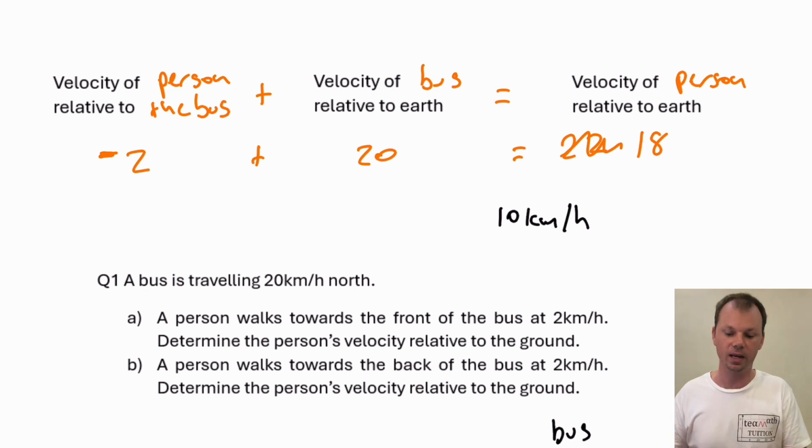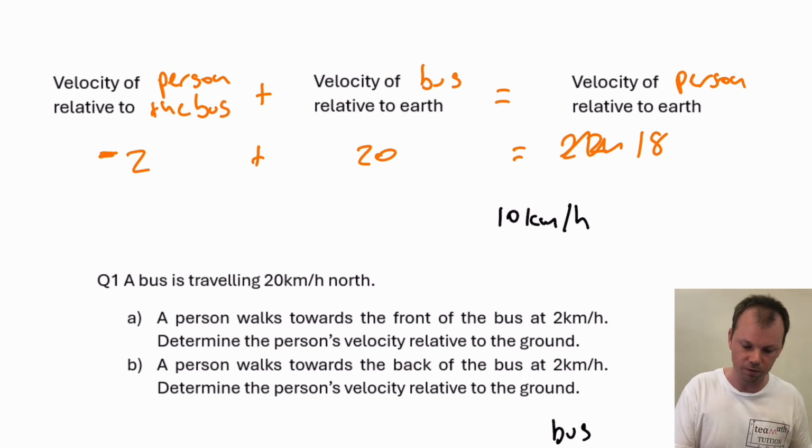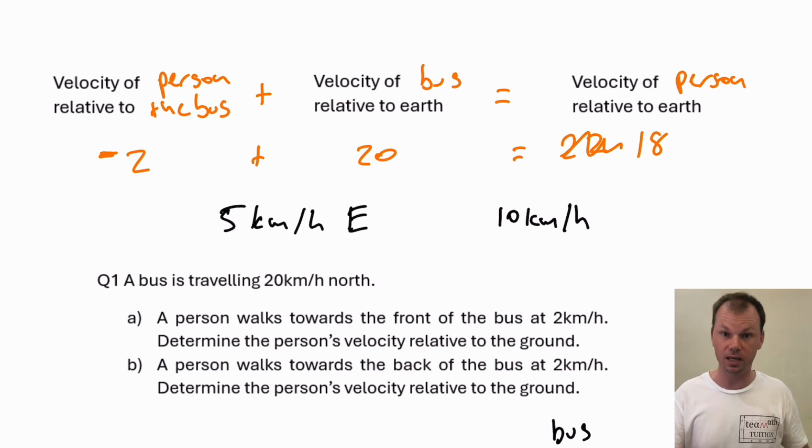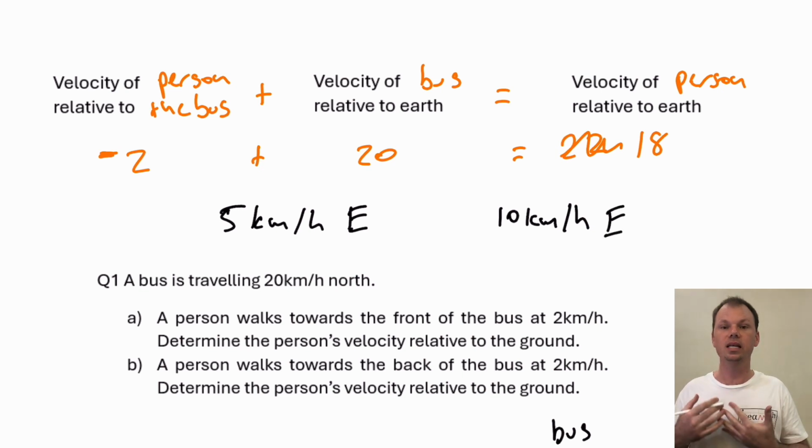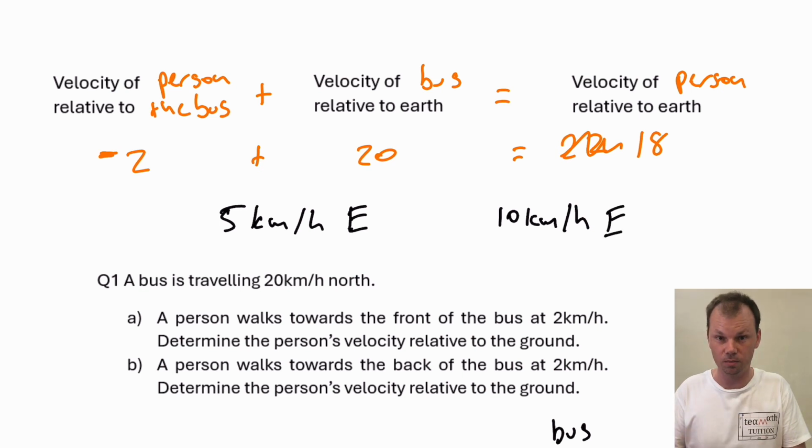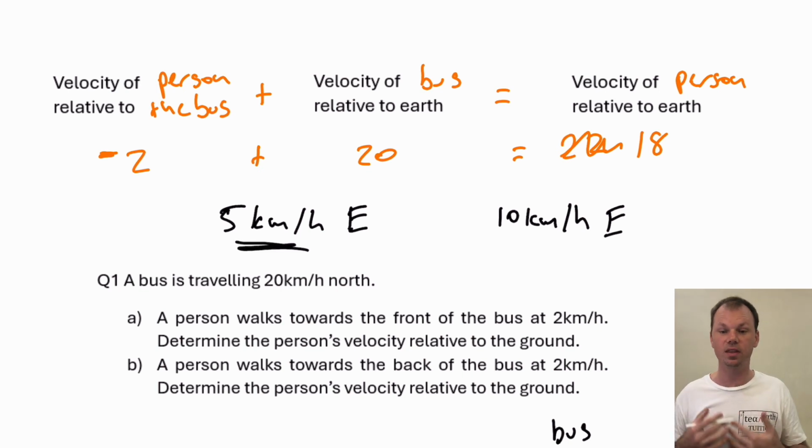However, let's say they went into a river and the river was going at 5 kilometers per hour east, and they were swimming as fast as they could, but they were also going east. In this case, they would have 10 kilometers per hour, their swimming speed, plus the additional 5, so they would be swimming 15 kilometers an hour relative to the ground.